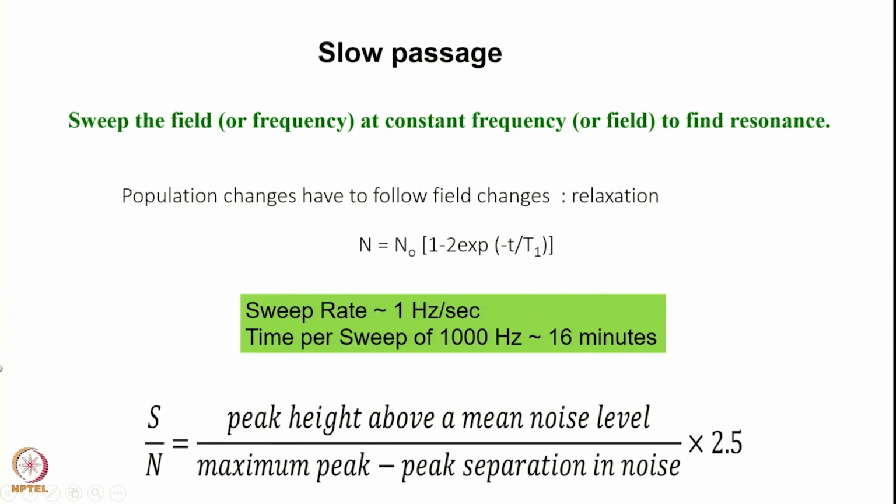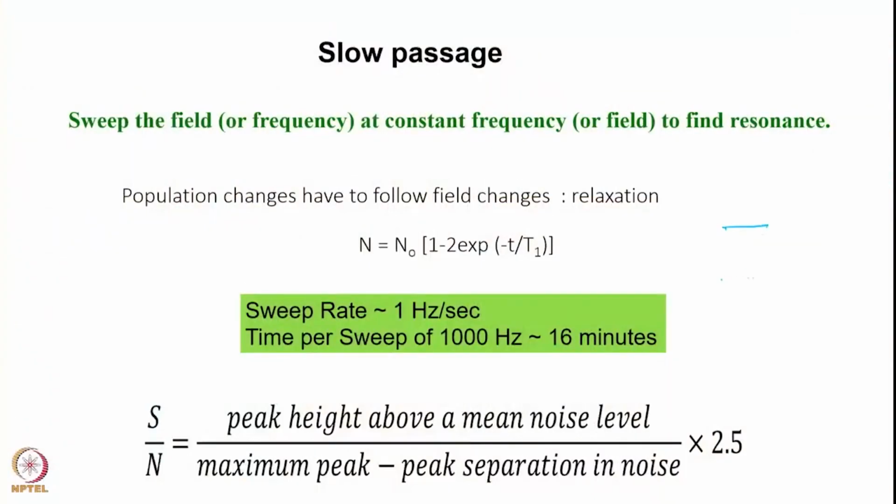Now the convenient thing in earlier days was to change the field, because you had electromagnets. Changing the field simply means changing the current in the electromagnet, because this is the coil going around the iron system, and if you change the current, the field will change. Therefore, it is easy to change the current.